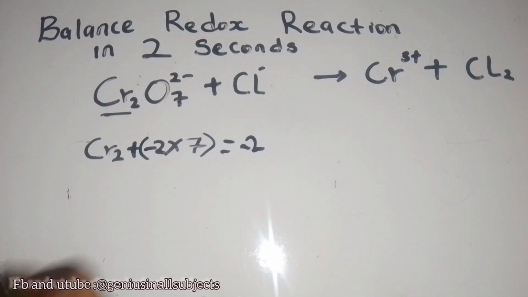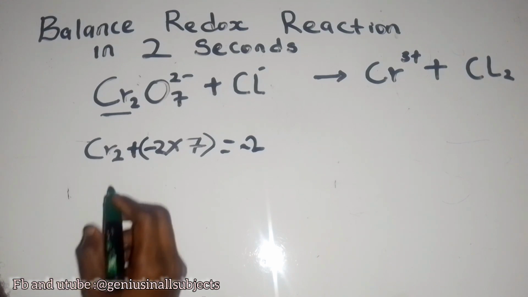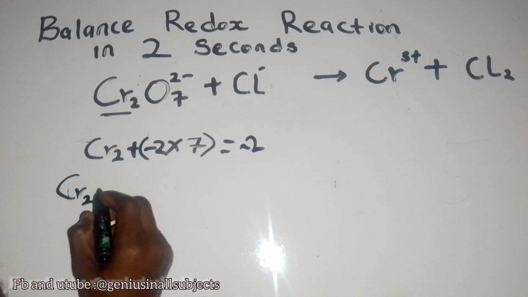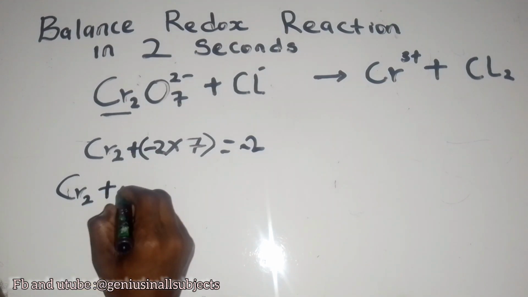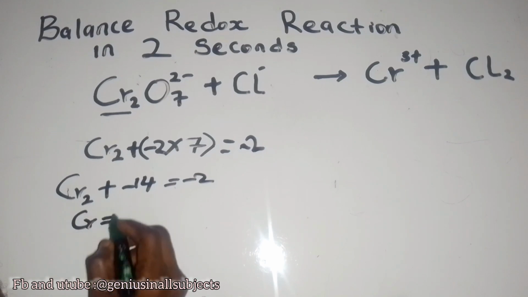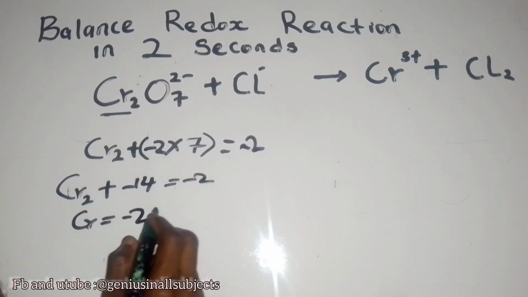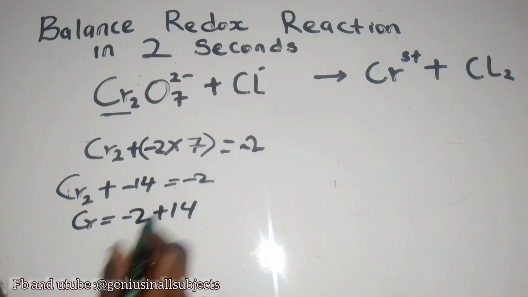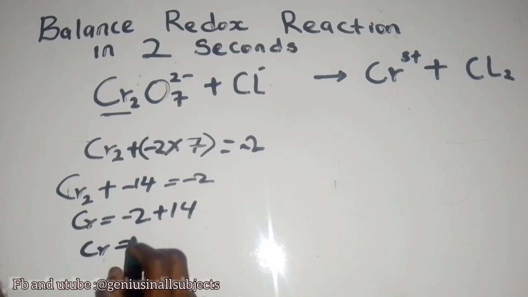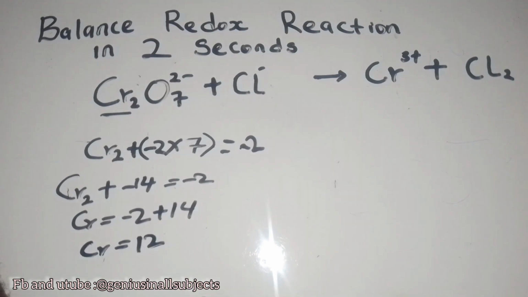I'm following the ionic method of identifying it. So chromium plus -2 times 7, that's -14. Then -14 comes to this side as plus 14. And at the end, our chromium is a positive 12. So this is how to find the oxidation number.